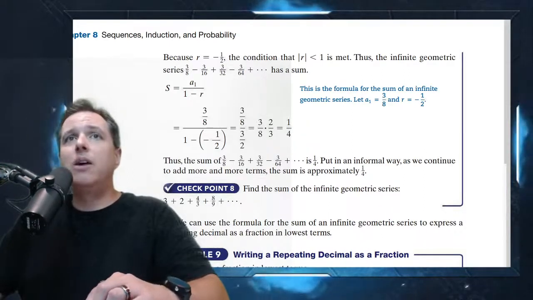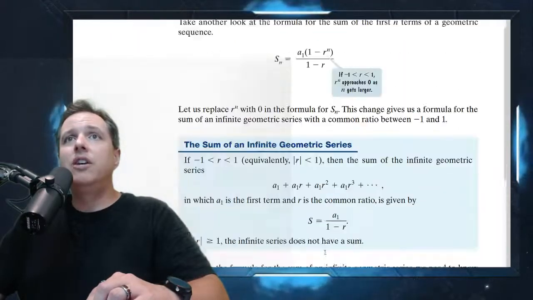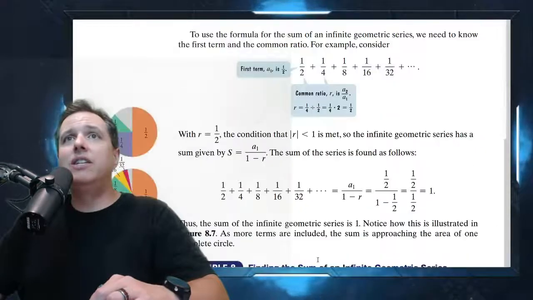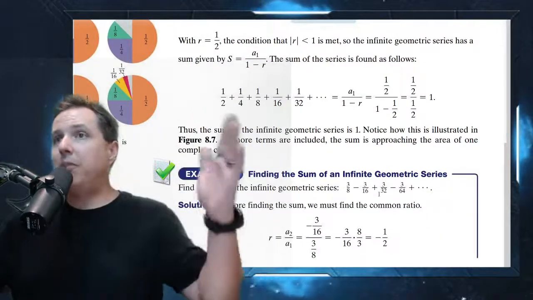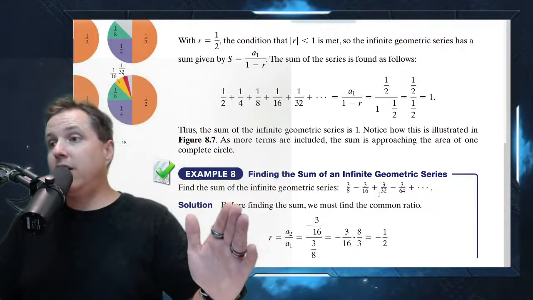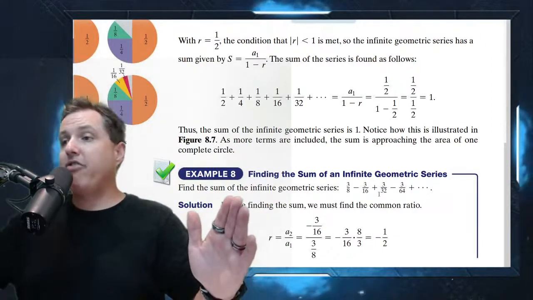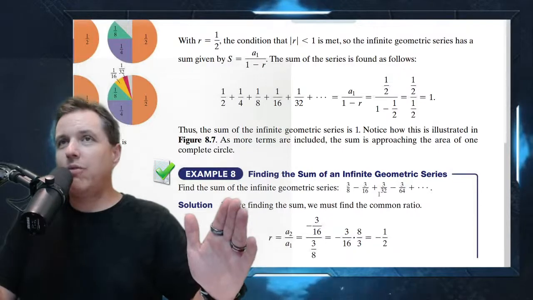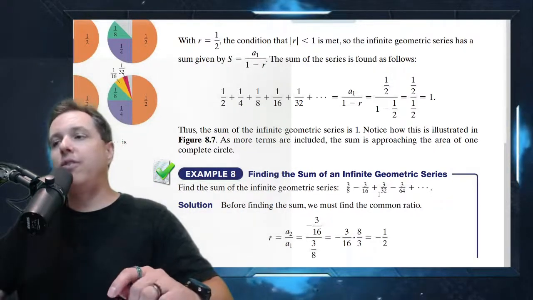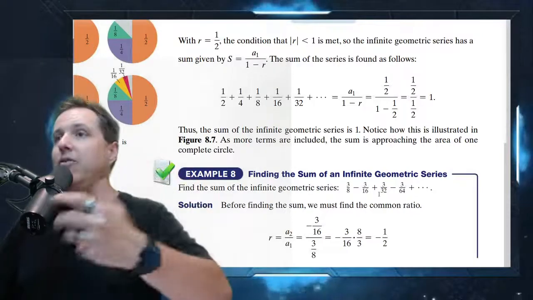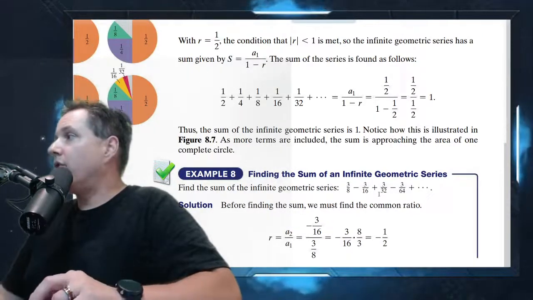So if you add up the infinite list of these right here, you'll get 1/4. If you added up 50 of them, you'd be really close to 1/4. If you added up 1,000 of them, you'd be even closer to 1/4. If you added up 1 billion of them, you'd be really, really close to 1/4. And if you add up an infinite number of them, you get 1/4.